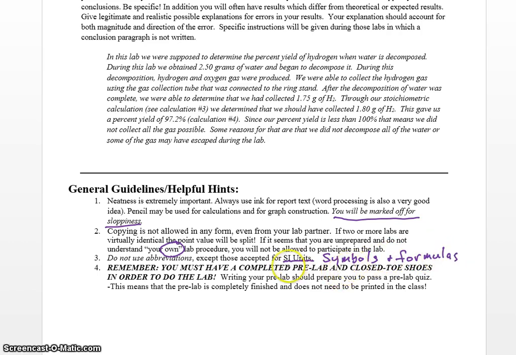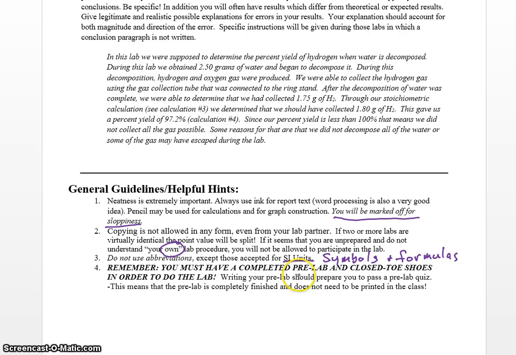You always want to make sure that you have a completed pre-lab when you come to class. You aren't to come in and finish writing the lab in class or complete the data table while you are doing the lab. You don't come in expecting to print off the lab at the beginning of class.